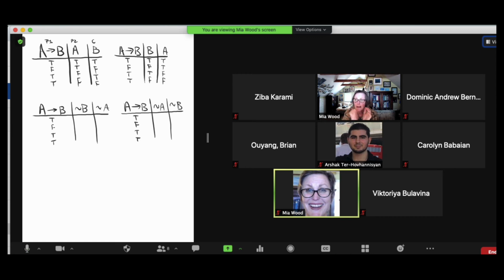Okay. Now look at the first argument. Is there a row on which the premises are true while the conclusion is false? In other words, is the first argument invalid? Beautiful. No, it's not an invalid argument. This argument is valid. Yay.